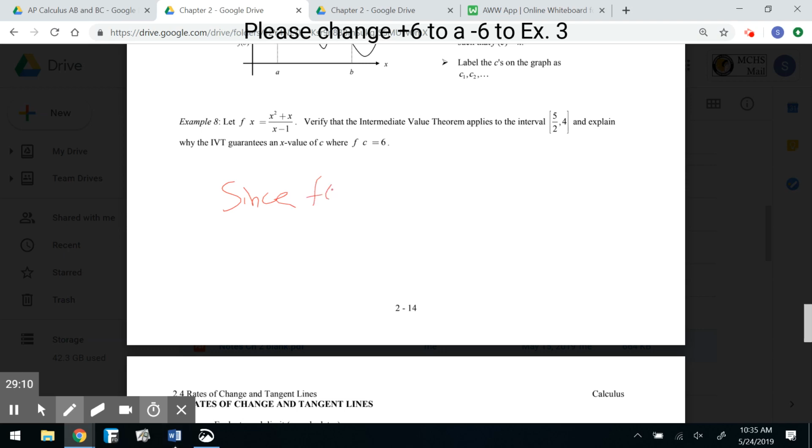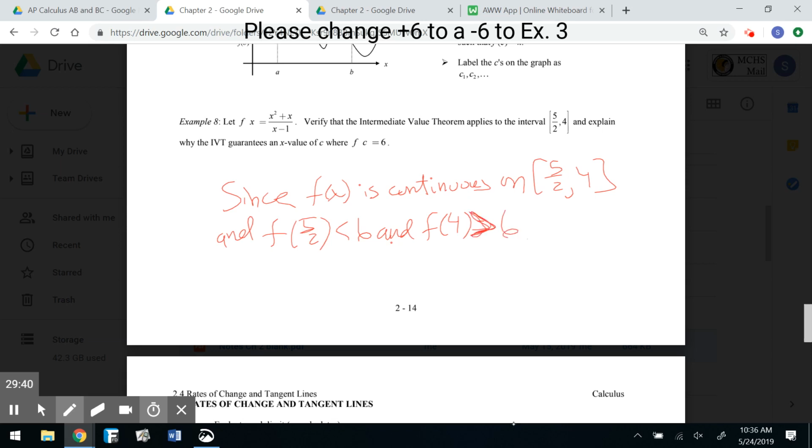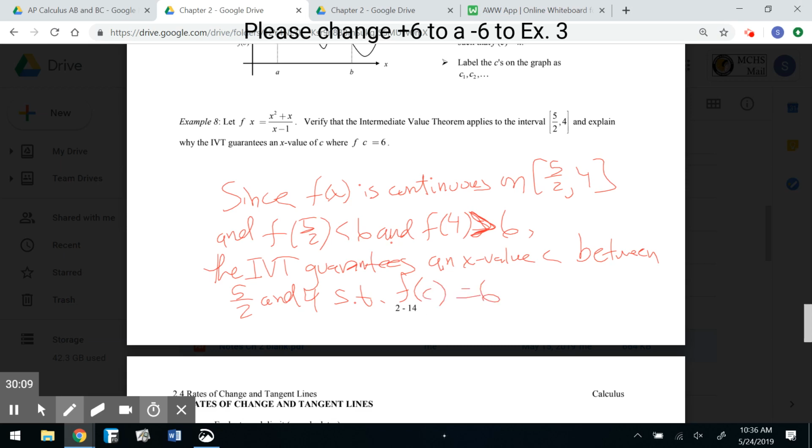Since f of x is continuous on the closed interval 5/2 to 4, and f of 5/2 is less than 6, and f of 4 is greater than 6, the IVT guarantees an x value, c, between 5/2 and 4, such that f of c has to equal 6.